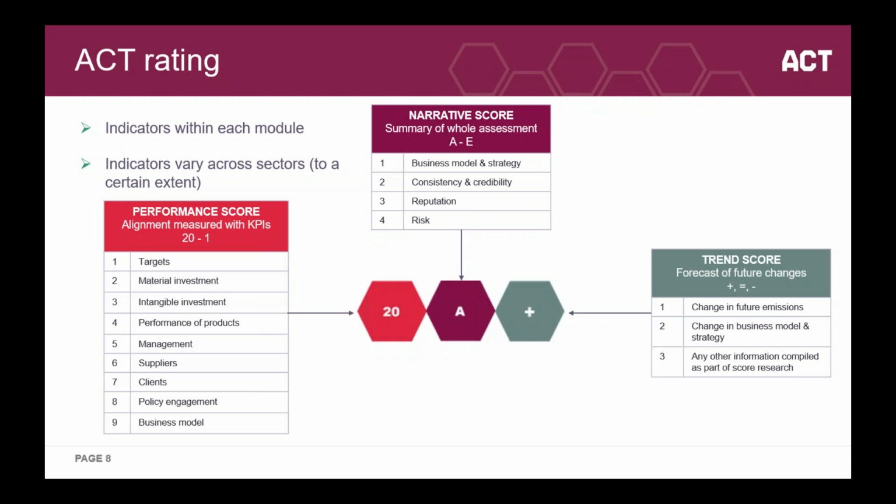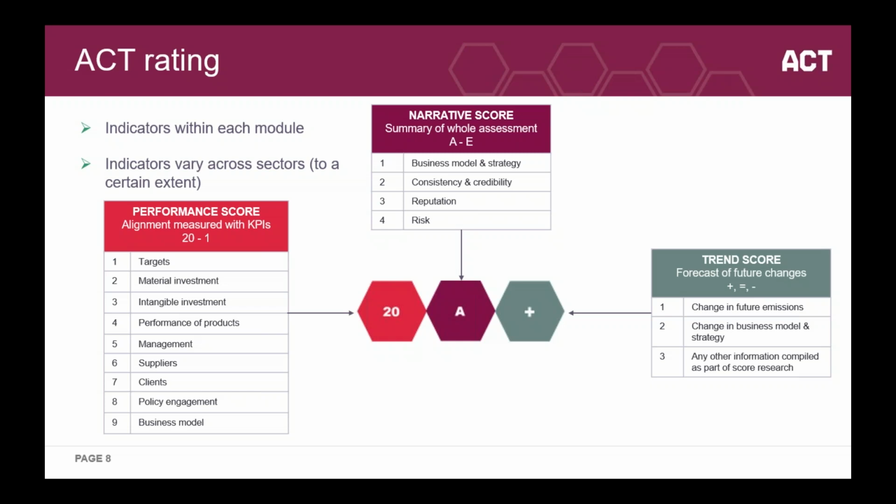We then apply another layer of scoring, which we call narrative scoring, where the ACT analyst interprets the information that has been disclosed for the performance scoring, and also takes into account other publicly available information to get a holistic view of overall performance.